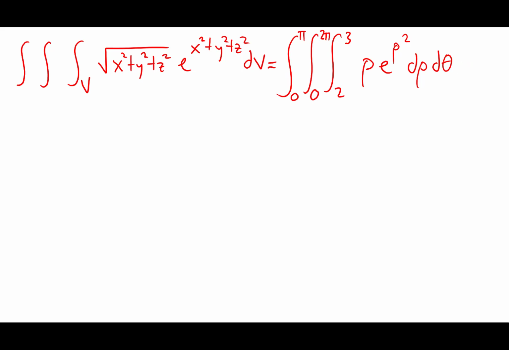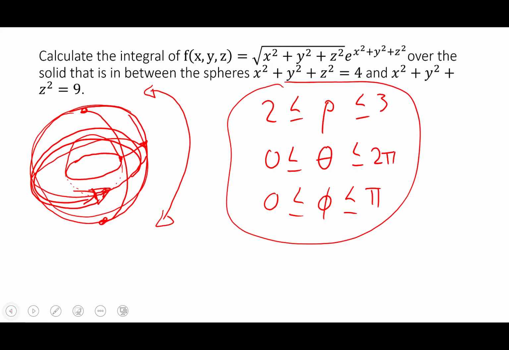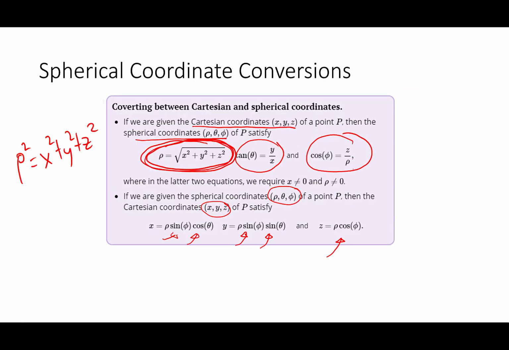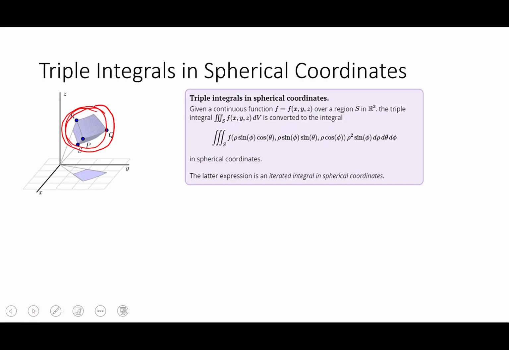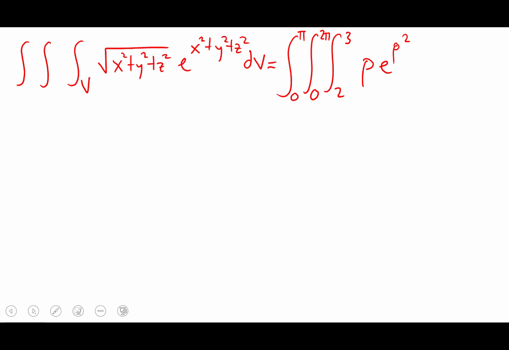Whoops, I already forgot something. Remember that we have to multiply by rho squared sine of phi. Oops, I almost drew theta there. Then d rho, d theta, d phi.